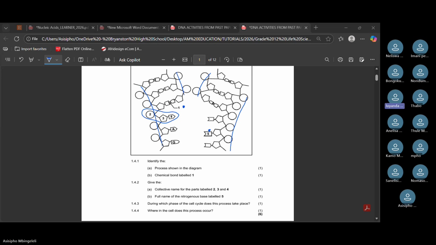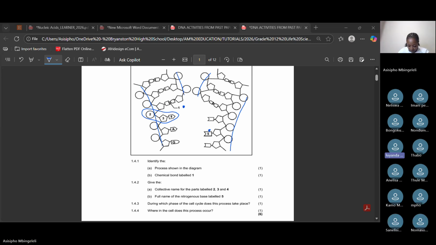Ma'am, I remember we came across these two last questions on our first activity. How they asked the question on the first activity, they say, name the part of the cell cycle when this process occurs. Now here they are saying, during which phase of the cell cycle does this process take place?